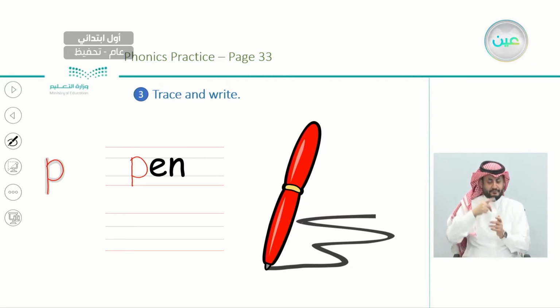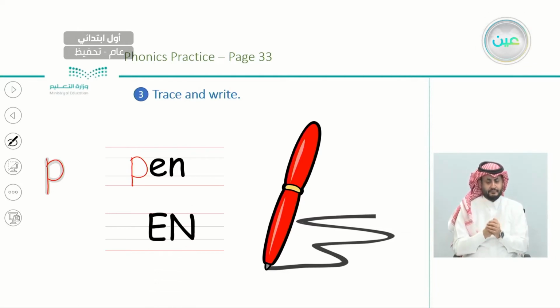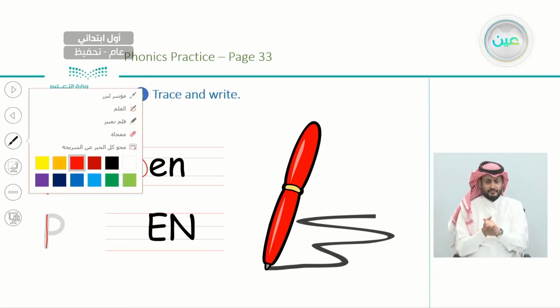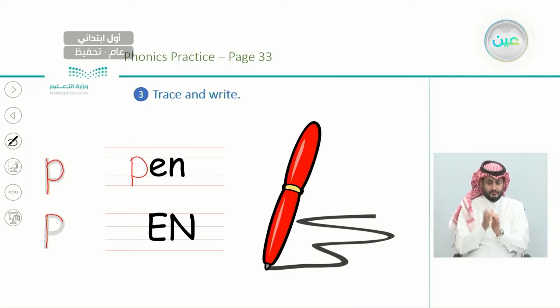What about capital? This is the capital. We have pen, but now in capital. So the same shape. A line from up to down, and we have a half circle on the right side. But what is the difference? The difference here, we start from line number 1 up to line number 3.